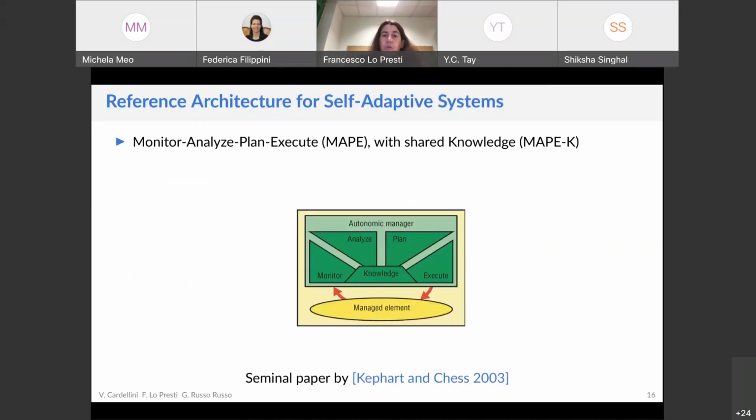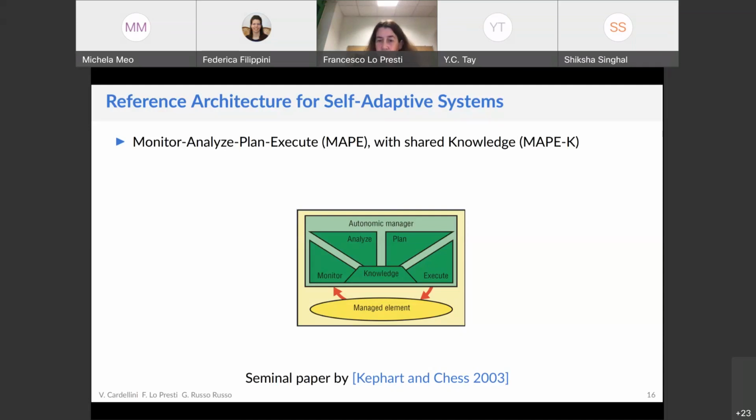So to conclude my part, let's go a little bit into the detail of the architectures of self-adaptive systems. And let's introduce for this purpose the reference architecture for self-adaptive systems, which was introduced by Kephart and Chess in their seminal paper about autonomic computing.